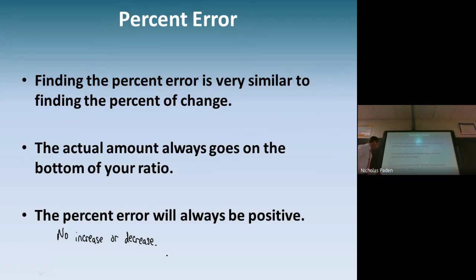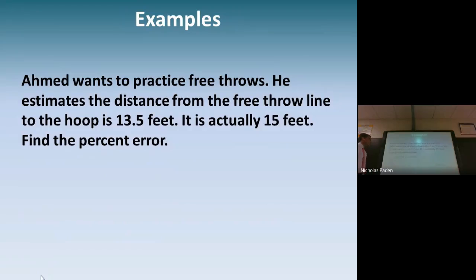Okay, so let's look at some examples then. Ahmed wants to practice free throws. He estimates the distance from the free throw line to the hoop is 13.5 feet, but it's actually 15 feet. So find the percent error. So remember, this ratio for percent error is amount of error, and that is over or divided by the actual amount.